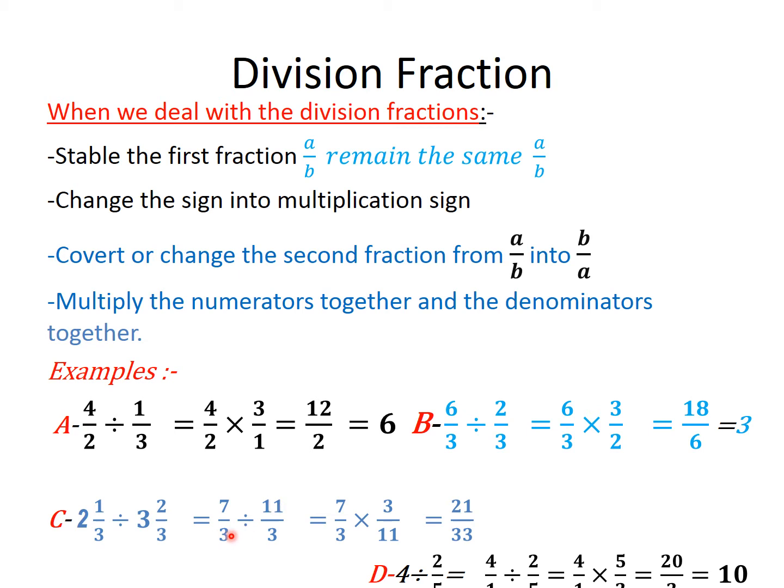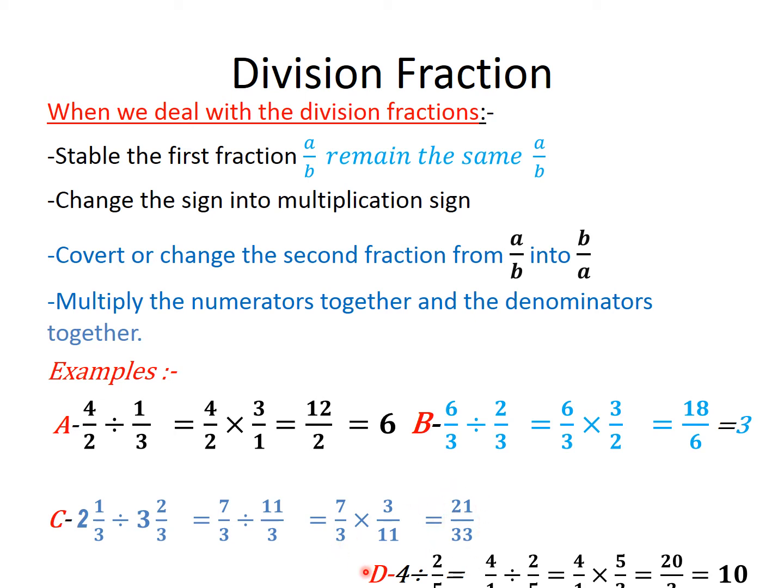And then we stable the first fraction as it is, and we change the sign into a multiplication sign, and then we change the second fraction from 11 over 3, it will be 3 over 11, and then we multiply the top numbers together and the bottom numbers together. 7 multiply 3, it will be 21, and 3 multiply 11, it will be 33. This is the last answer.